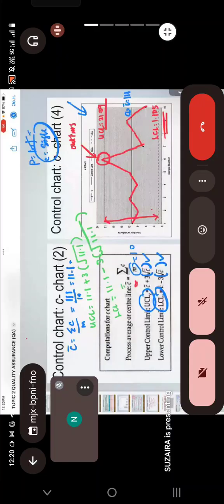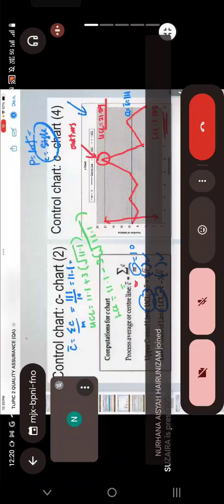This is a defect because it goes beyond the UCL.